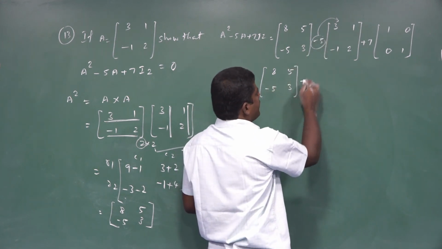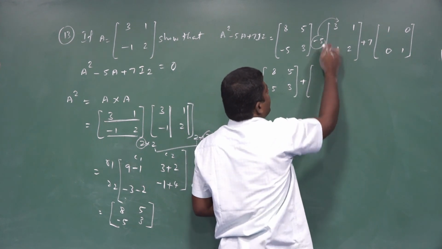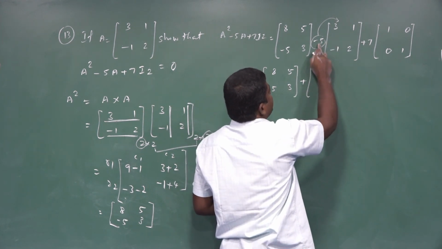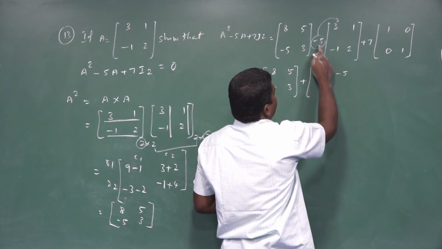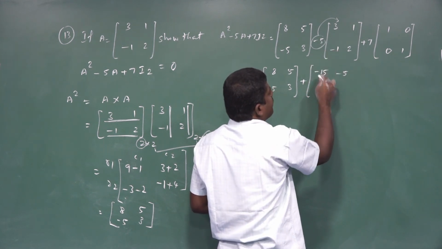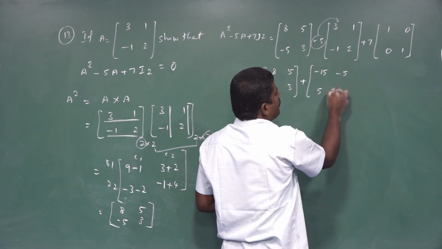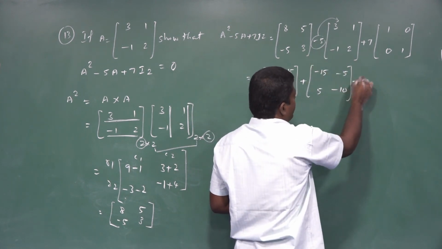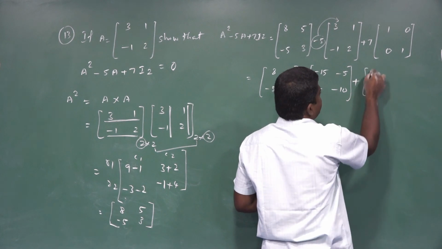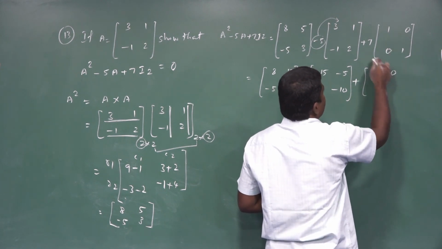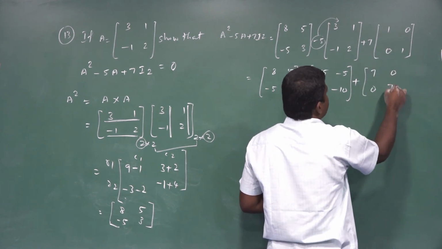So minus 5 multiple 3, minus 15. Minus 5 multiple 1, minus 5. Minus 5 multiple minus 1, plus 5. Minus 5 into 2, minus 10. Plus 7 1s are 7. 0 into 7, 0. 7 into 0, 0. 7 1s are 7.